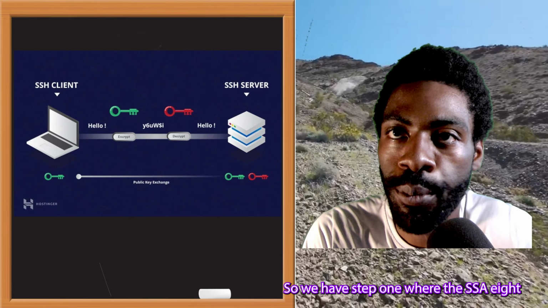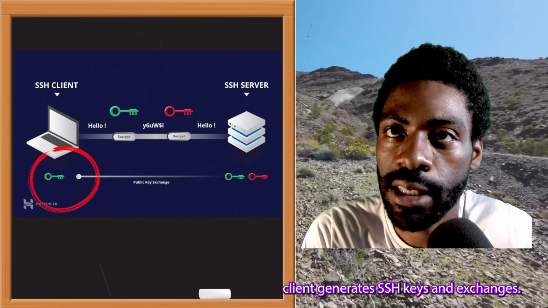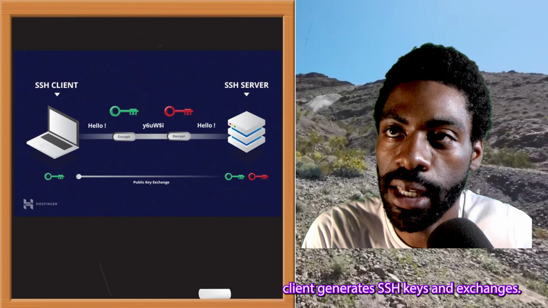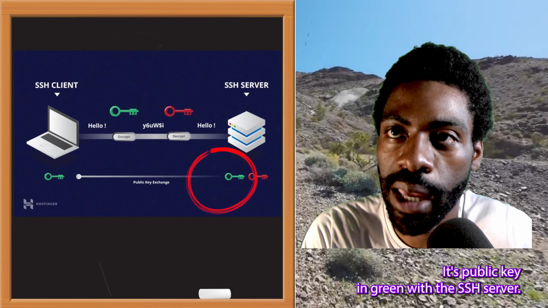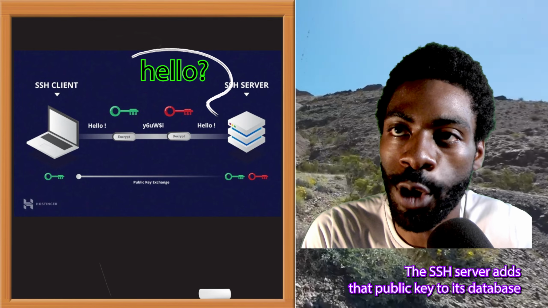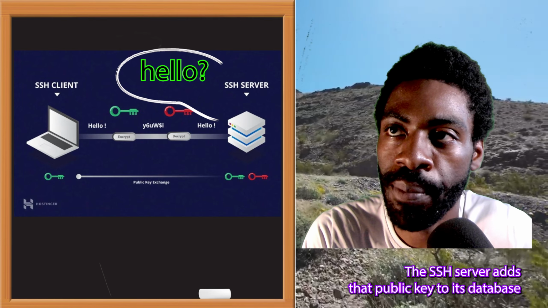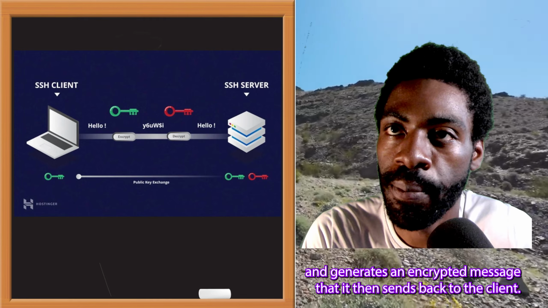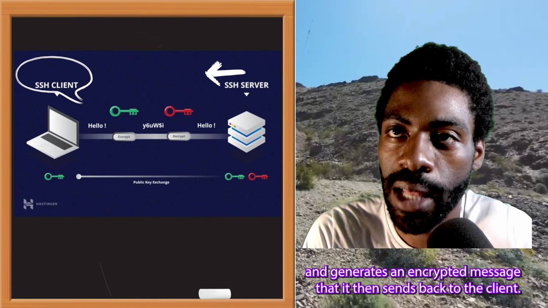So we have step 1, where the SSH client generates SSH keys and exchanges its public key, in green, with the SSH server. The SSH server adds that public key to its database and generates an encrypted message that it then sends back to the client.